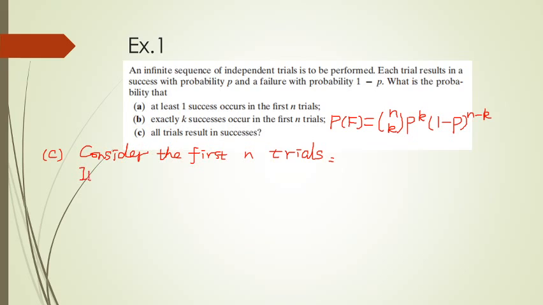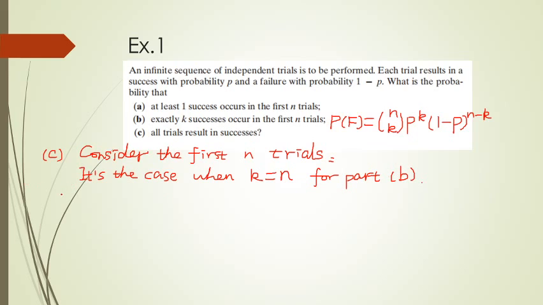It's the case when k equals n, exactly n successes occur in the first n trials for part B, right?